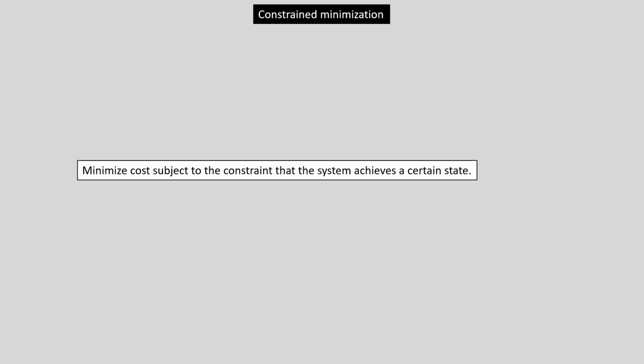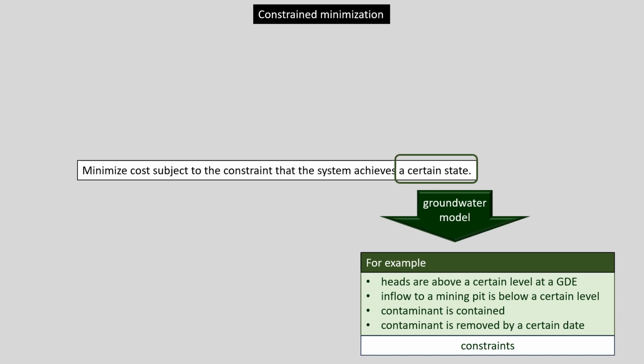So we decide on a course of management action, and we ask ourselves, what's going to happen if I do this or that? So what's going to happen will normally be calculated by a groundwater model. For example, we might specify that management is successful if heads are maintained above a certain level near a groundwater dependent ecosystem.